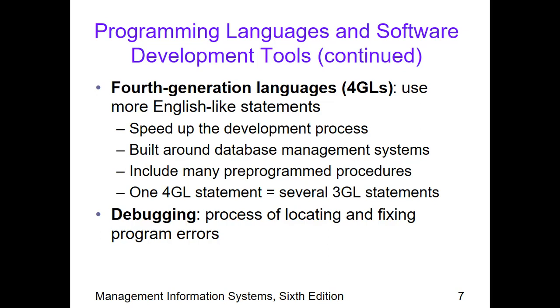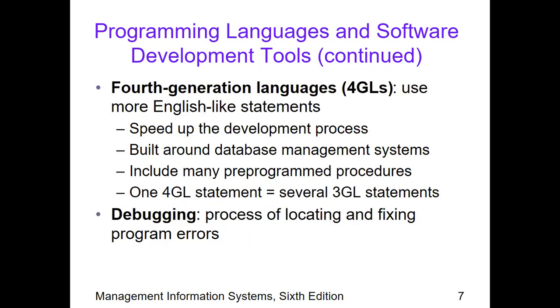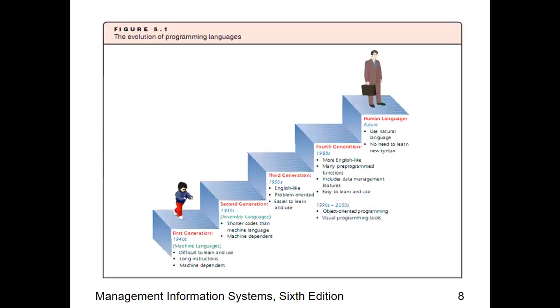One 4GL statement equals several 3GL statements. So words from here, of course, would become sentences, and it's normal that a sentence would be composed of a lot of words. If there are problems or program errors, debugging will do the work. That's the process of locating and fixing program errors.